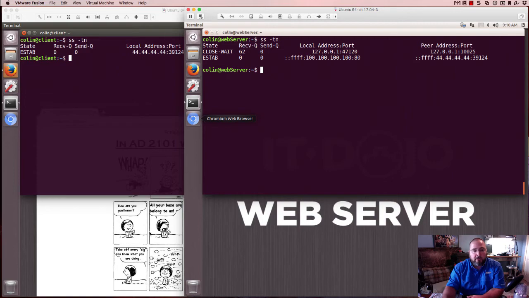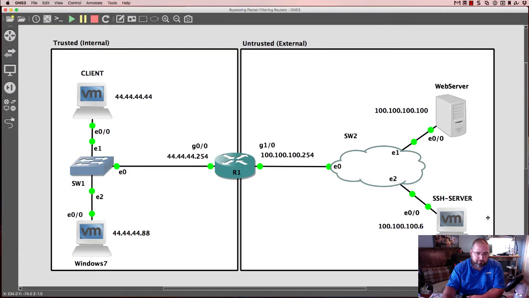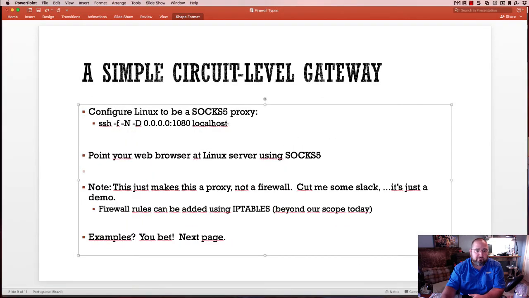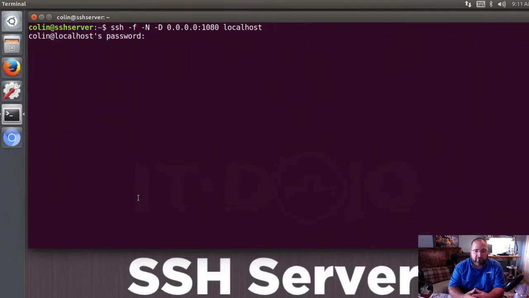Now, for the sake of this example, I'm going to take this server, which is just running SSH. It's a Linux Ubuntu box running SSH, nothing particularly fancy, and I'm going to configure it to be a SOCKS proxy. The simple command to do that is this one right here. If this were an actual circuit level gateway, it would be a firewall sitting in between these two networks.